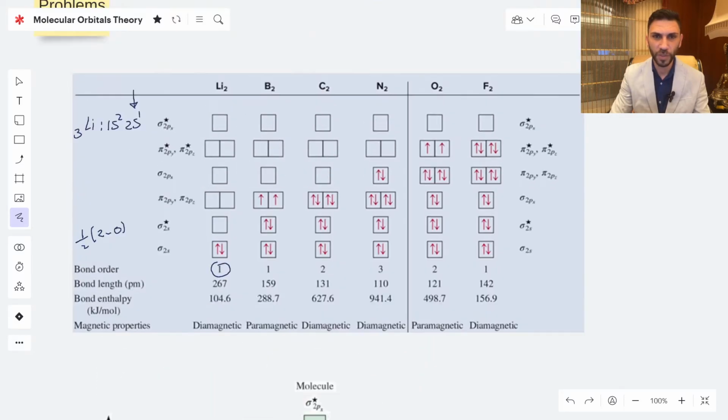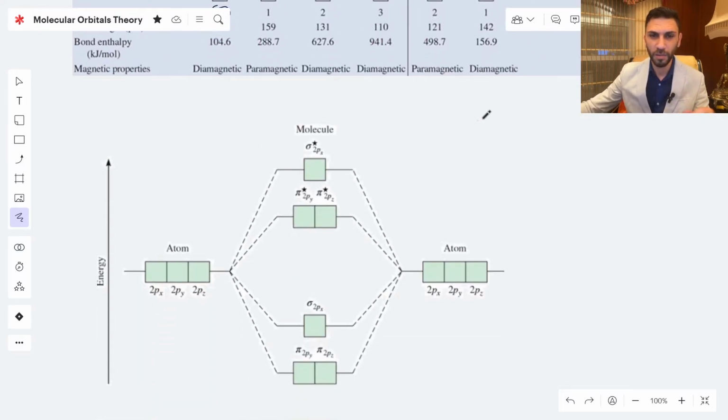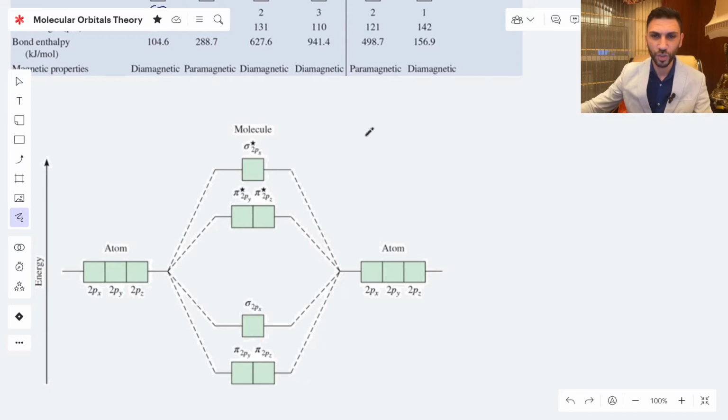Let's check now another molecule, which is the N2. For each nitrogen atom, we have 7 electrons. That means the electron configuration is 1s2, 2s2, 2p3.